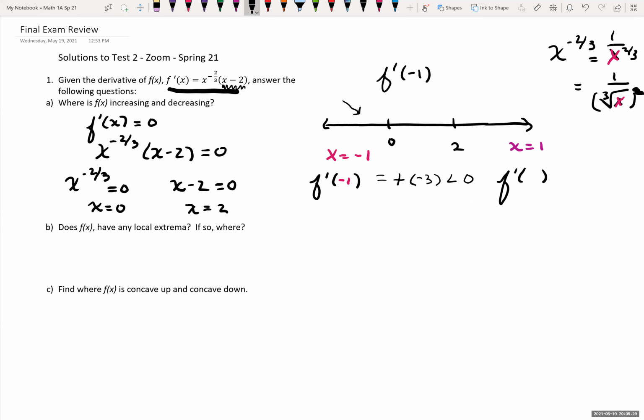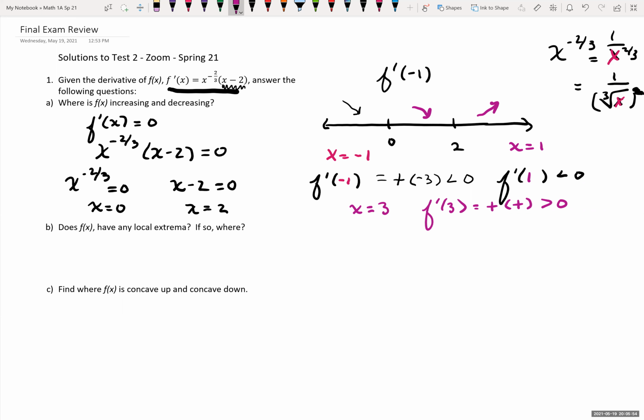So a positive times a negative, this is less than 0. And so that is also decreasing. And then something greater than 2, so x equals 3. First piece is always positive. And 3 minus 2 is also positive, so this is greater than 0, so this is increasing.